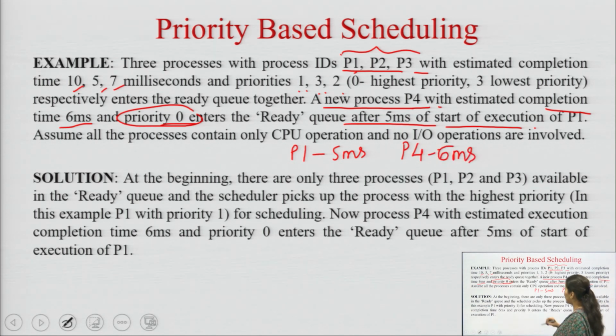And since it has priority 0, it is given priority over the already executing task P1. So, P4 will start executing.